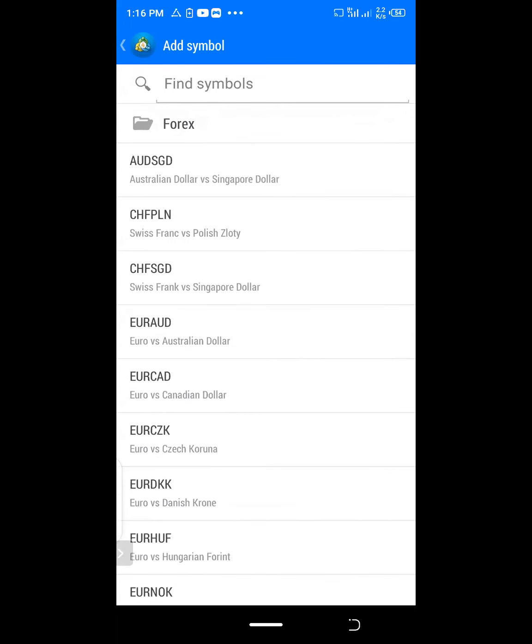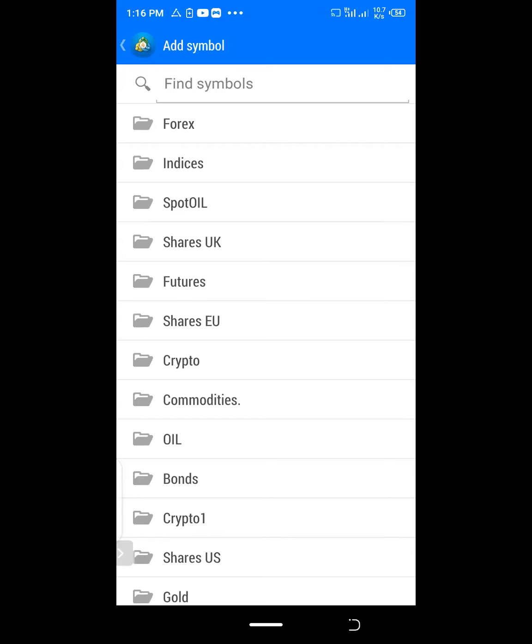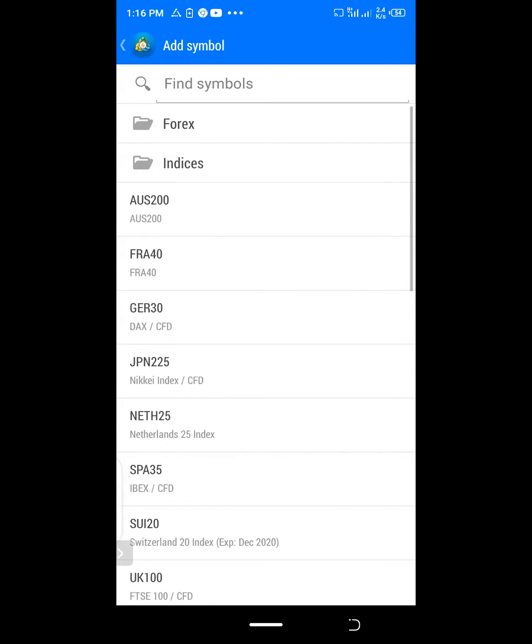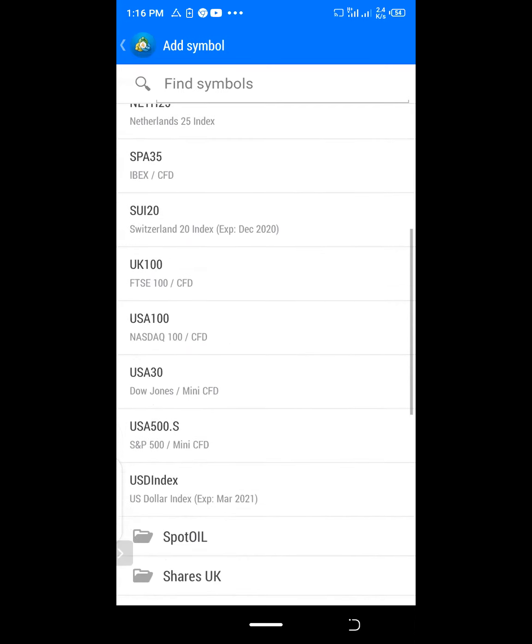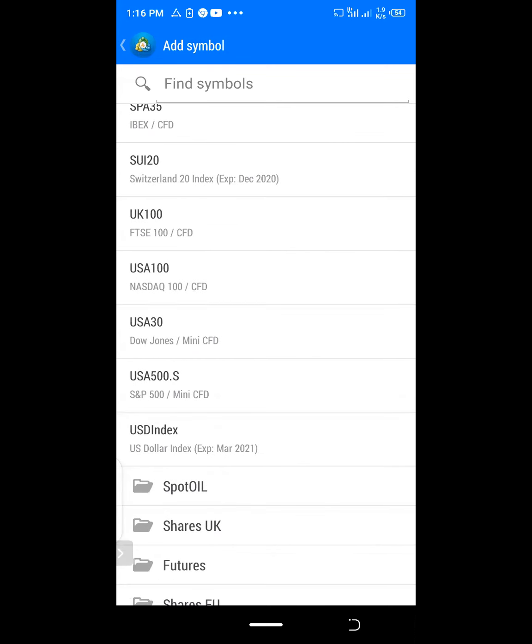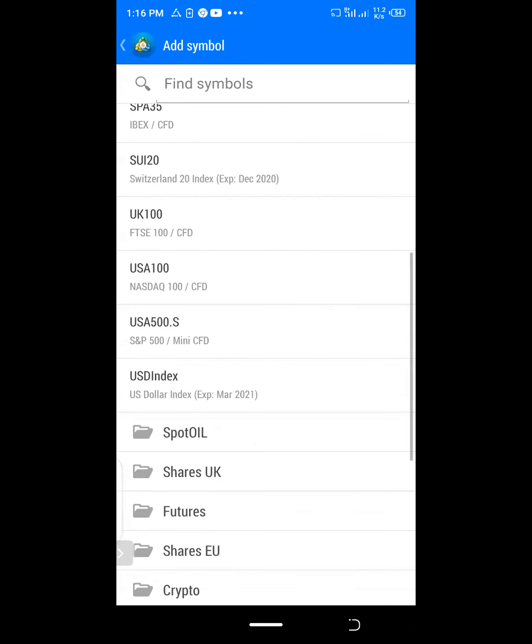If there's another thing that I'm looking for, for instance, let me say I want to trade indices. Under indices, I want to trade US 30. All I need to click on is US 30. Let us go back to my quote page.